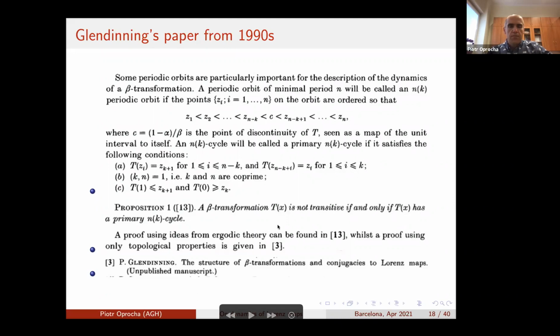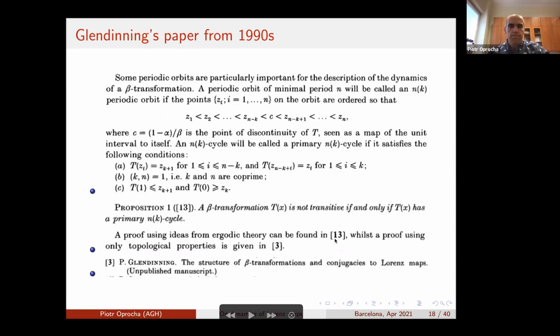So this was a big surprise when we learned about this result. But the problem with this result is what is written in this paper. It says, okay, if you want a topological proof, look into another paper of Glendinning, but it was never published, so we don't know what's there.